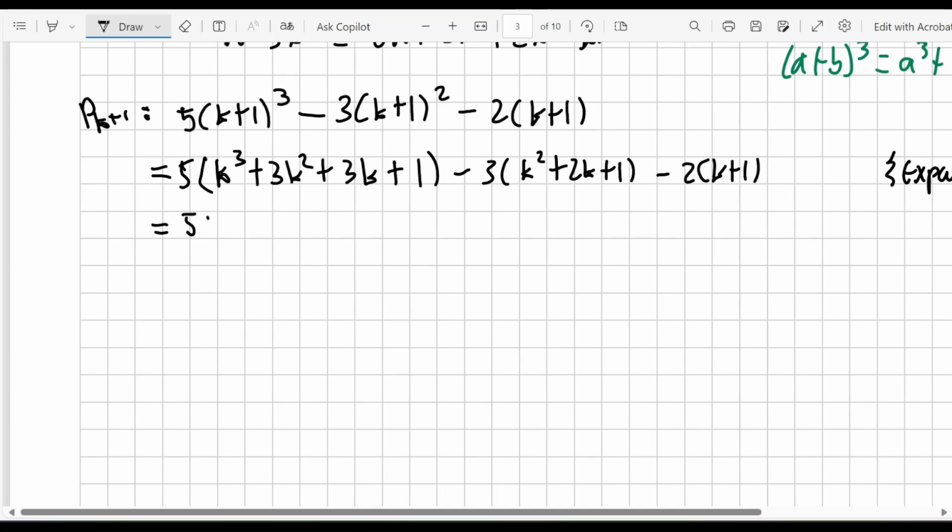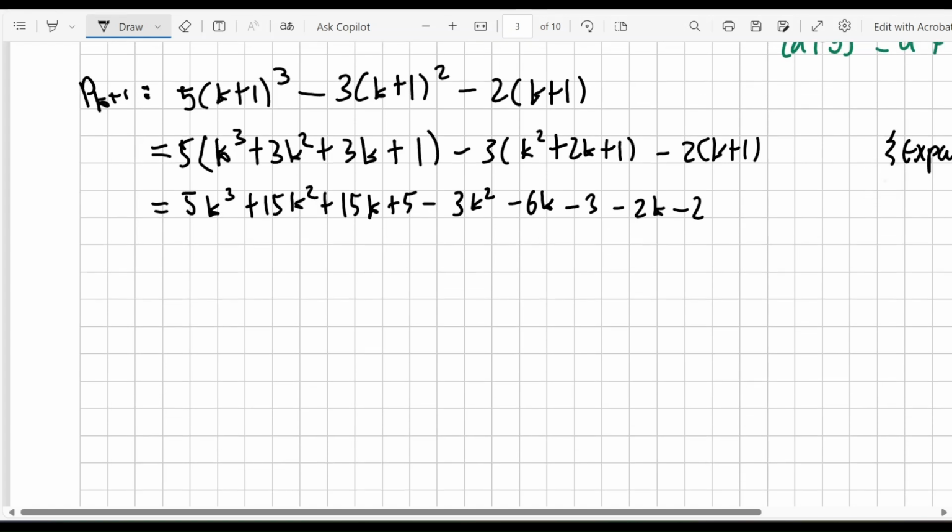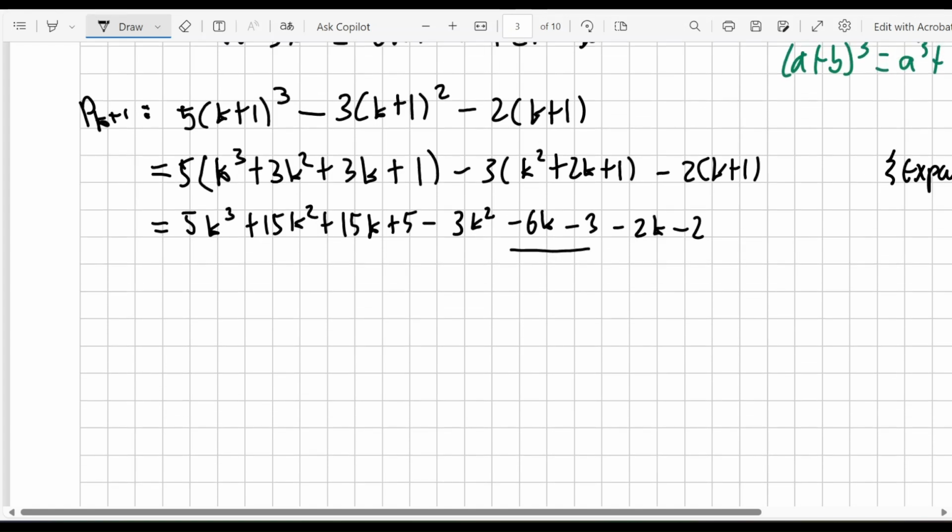So we're going to bring the 5 into each term. So 5k cubed, 15k squared, and then we've got, let's see, 15k, 5. Take, now let's expand the 3. So 3k squared, 6k, and 3. Take 2k, take 2. Be really careful when you're expanding in minus signs. You'll notice that the minus 3 flicked all those terms to minus. Same with the minus 2, flicked all the terms to minus.